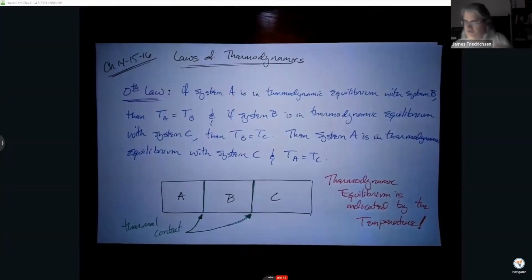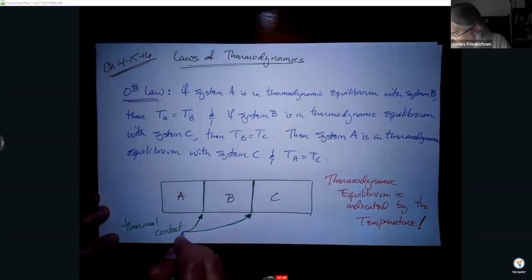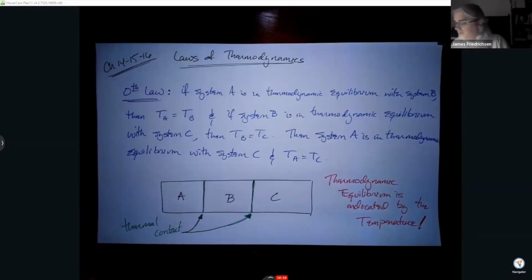So equilibrium was equal amounts of caloric fluid. Then Joule showed that really heat was a transfer of energy and that it was not about a fluid. So he disproved the fluid model and stated that this is really some sort of transfer of energy.